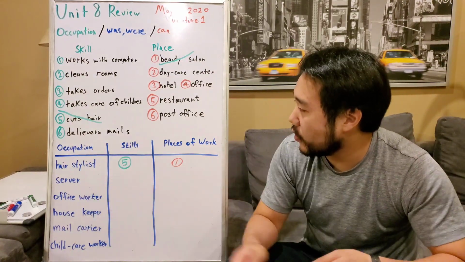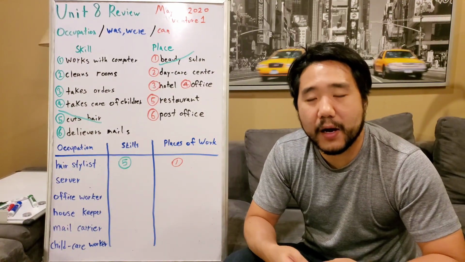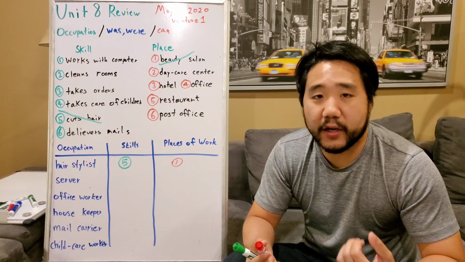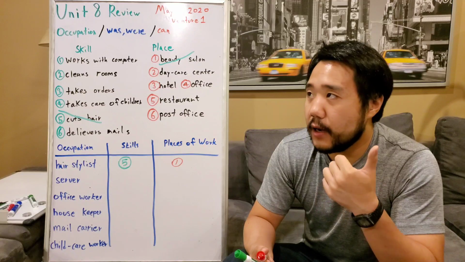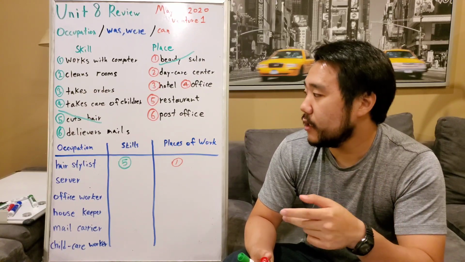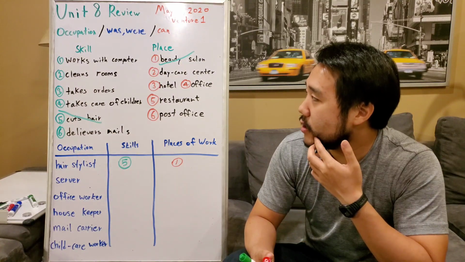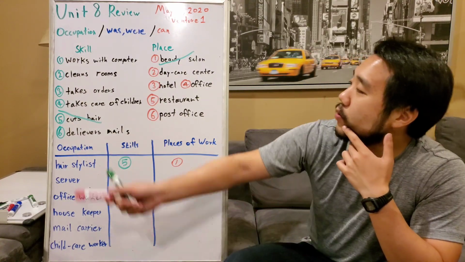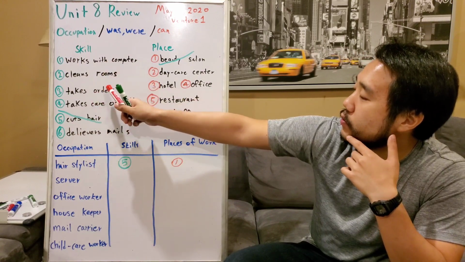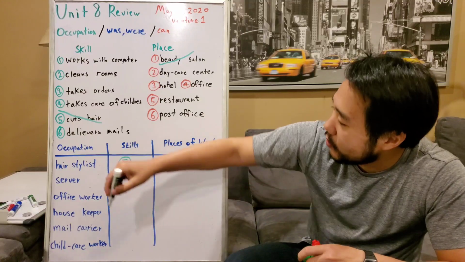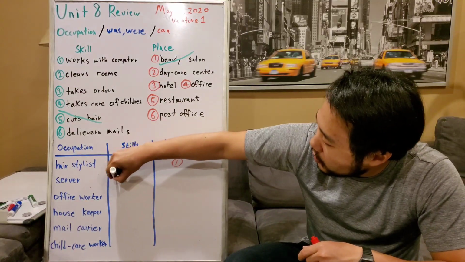Occupation server. Server, what do they do? They usually take orders. They serve food. They serve drinks. So what's related to that? Let's go over the skills. Works with computer, cleans rooms, takes orders, right there. So we have number 3 for the skill.